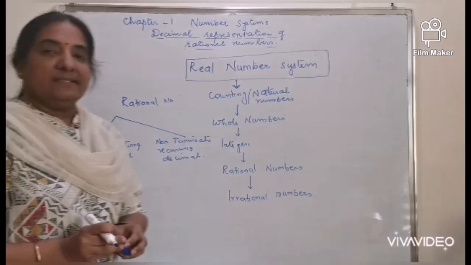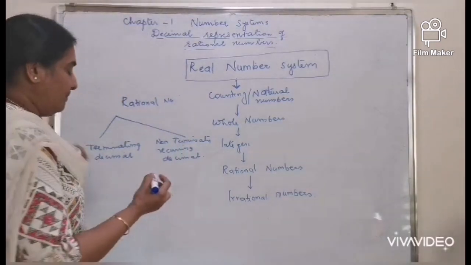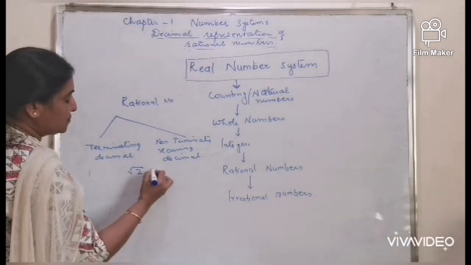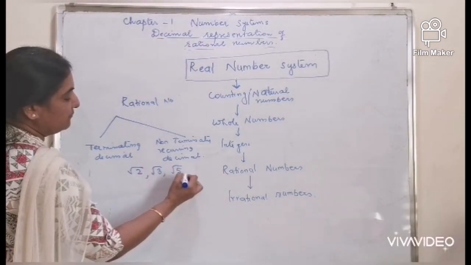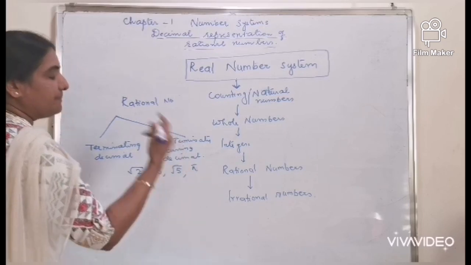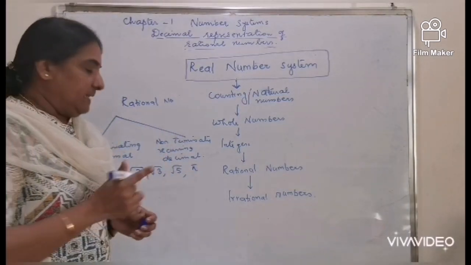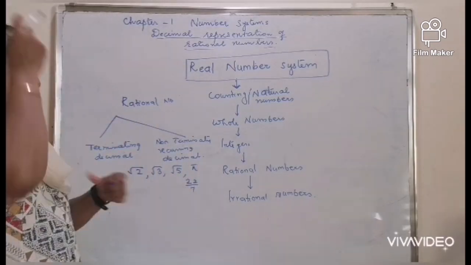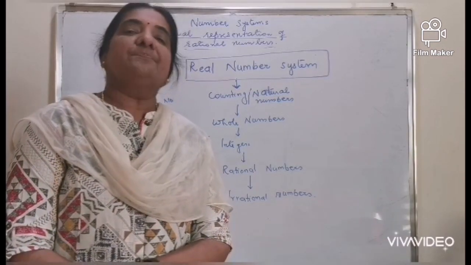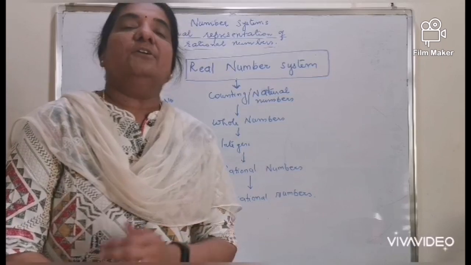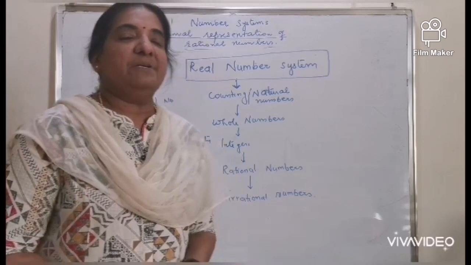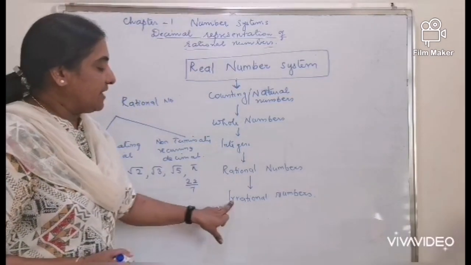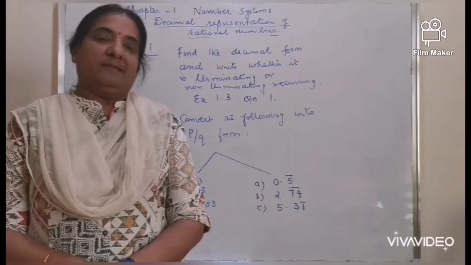But there are numbers of the form square root 2, square root 3, square root 5, and the value of pi, approximately 22/7, whose decimal representation is non-terminating, non-recurring. Such numbers are termed irrational numbers.